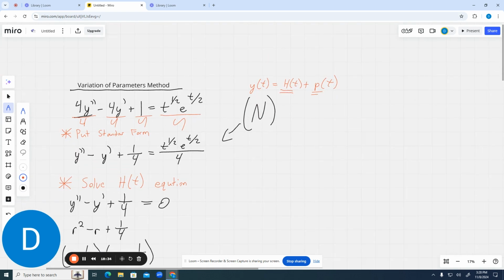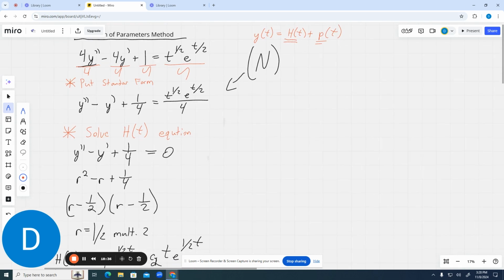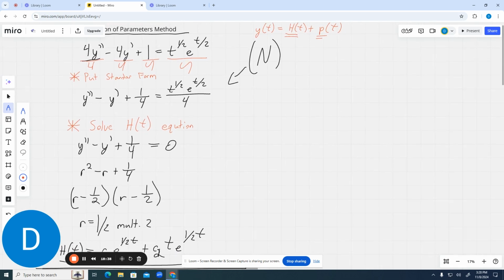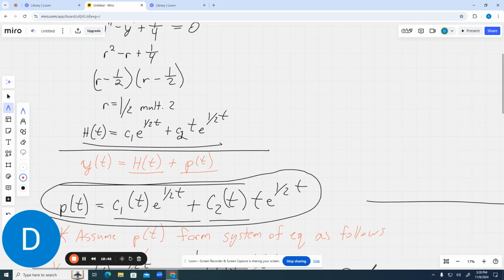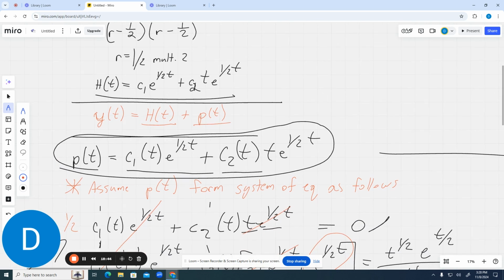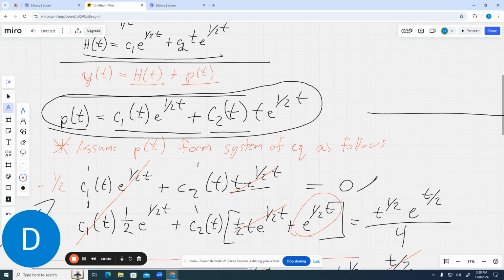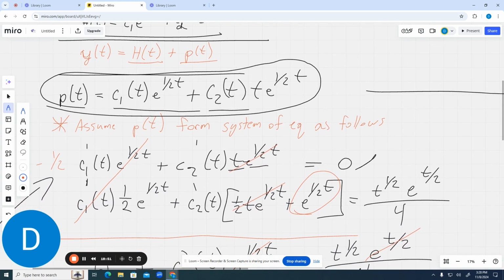Okay, but the steps of variation of parameters, if we come back here to the start, is you want to put it in standard form. You want to solve for your homogeneous equation, right? Solve for that. Then we make the particular functions of t. We put them in a system of equations where the first couple terms are 0, right?